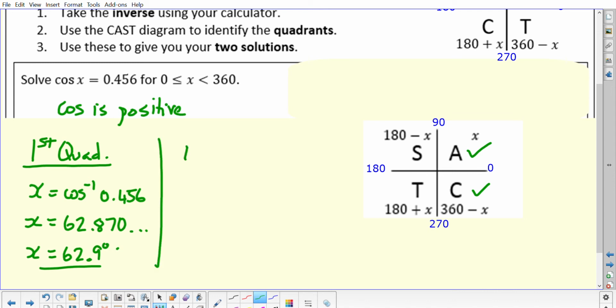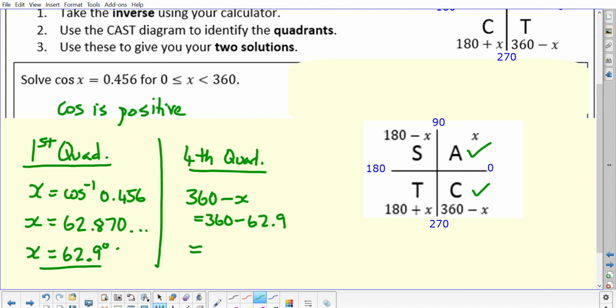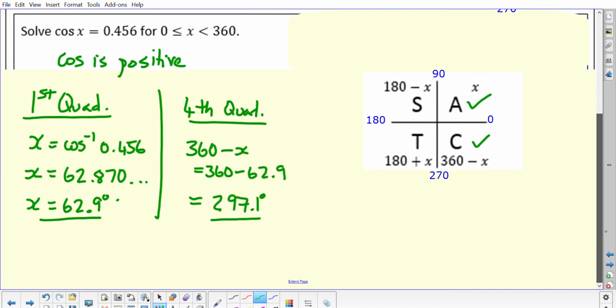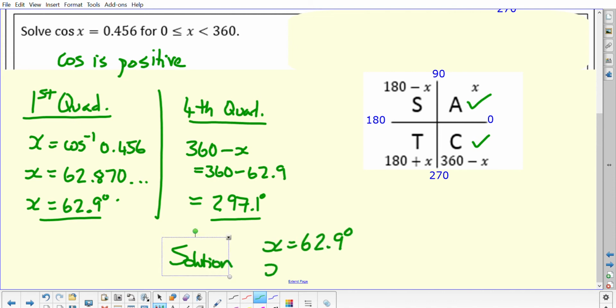To get the angle in the fourth quadrant, you then need to do 360 take away the one from the first quadrant, so 360 take away 62.9 would leave you with, in this particular instance, 297.1 degrees. So my final solution is these two values. I'm going to write down solution x equals 62.9 and also x equals 297.1. So two values when you do that.